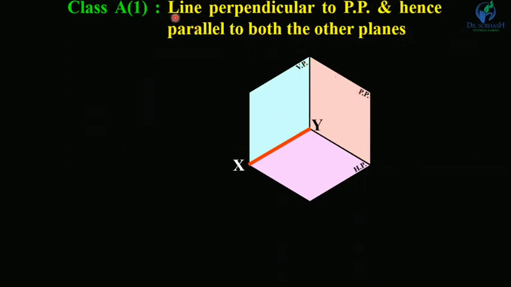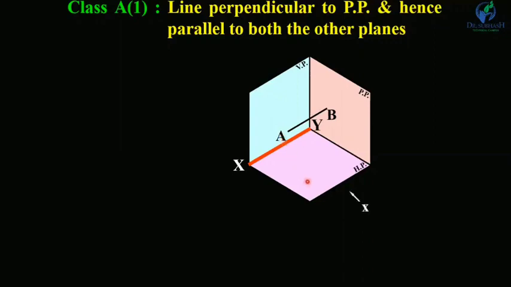Now in this case, the line is perpendicular to the profile plane and parallel to HP and VP. Here you can see line AB is perpendicular to the profile plane and parallel to the horizontal plane and the vertical plane.